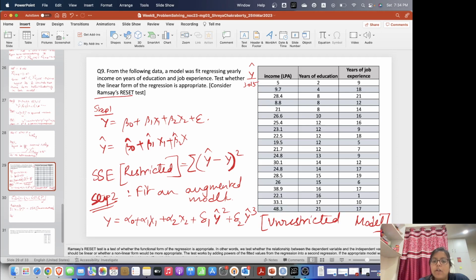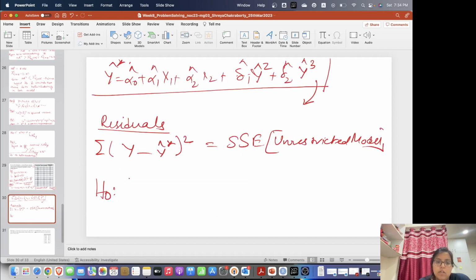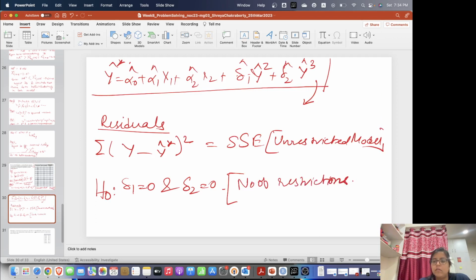So in order to test if it is linear or not, we have to set both delta 1 and delta 2 to 0. So the restrictions are delta 1 equal to 0 and delta 2 equal to 0. So here we have how many restrictions? Equal to 2. Okay, so then we have to test for this.